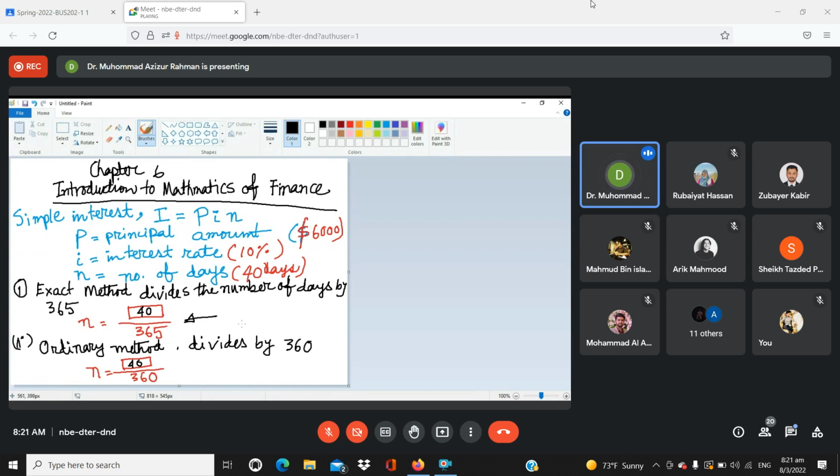If you use exact method means you just divide by 365, or if you use ordinary, you assume you divide by 360. It's two ways. So you can use any one. So you convert days to year. Then the interest rate is yearly interest rate actually. So you're converting days to years. Yes, sir.